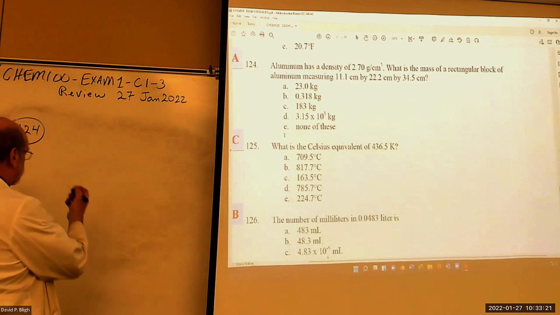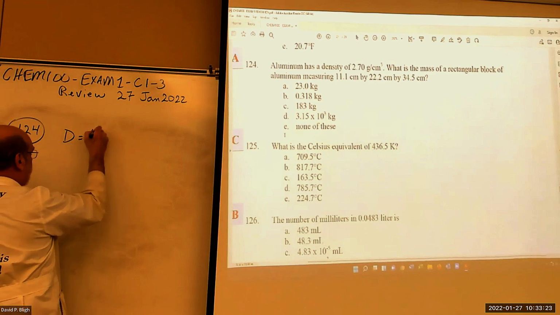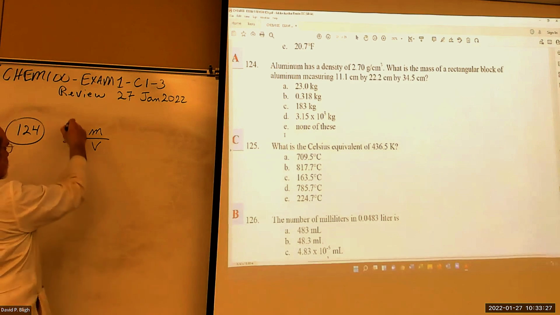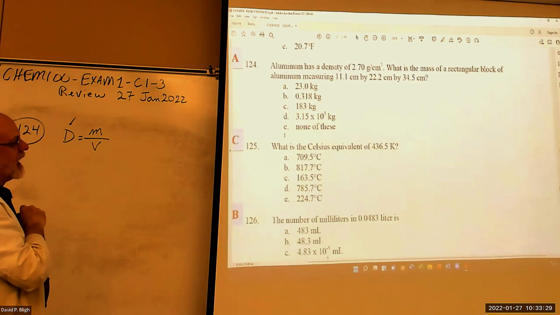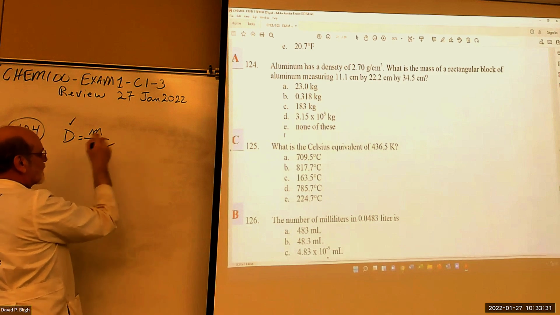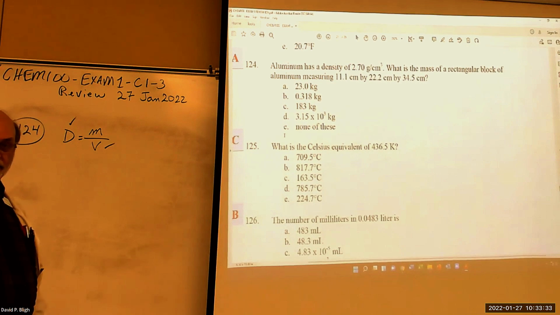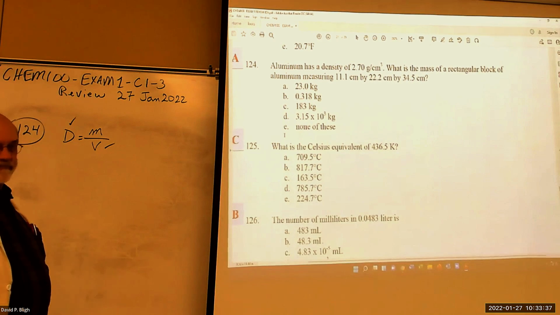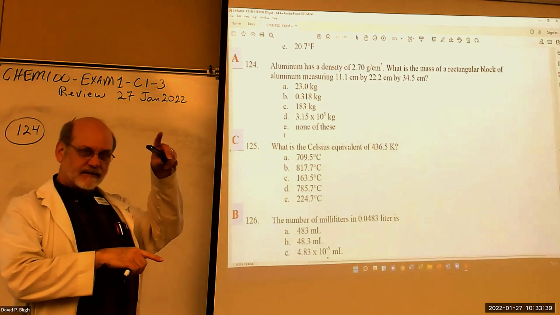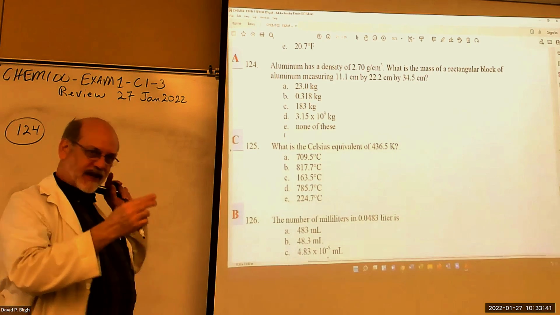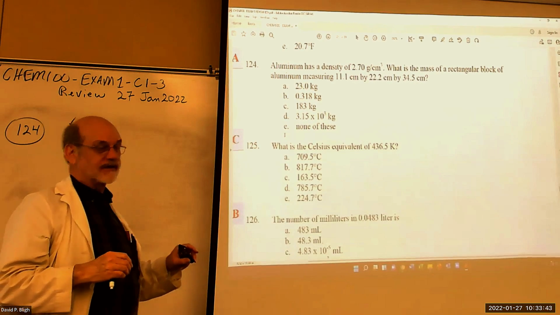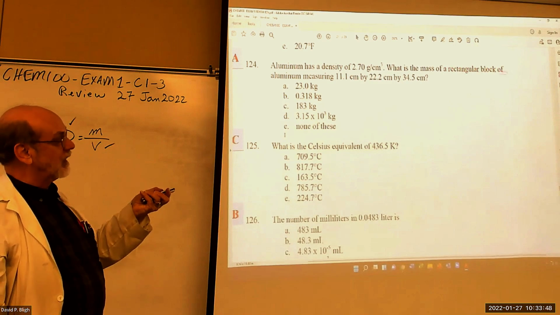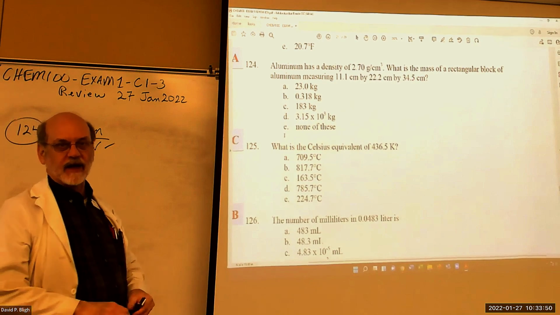So, density is equal to mass per unit volume. We've got the density, and we can calculate the volume to calculate the mass. But what is the volume? Height times width times depth of a regular object, of a rectangular block. We can calculate that volume.